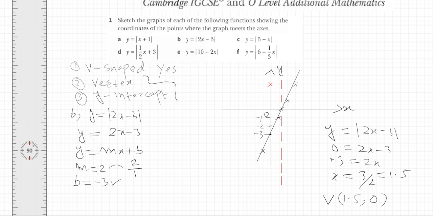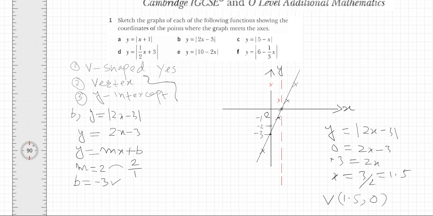Similarly, this point is how much? Sorry, not this point. This is 1, 1.5. No, this is the point. Sorry, this point is correct. And this is just 0.5. So this one should be the point.